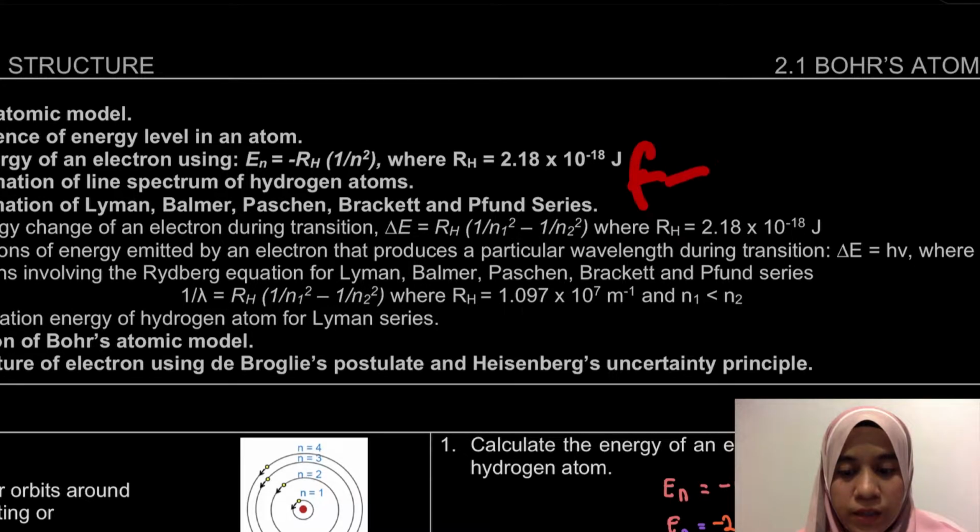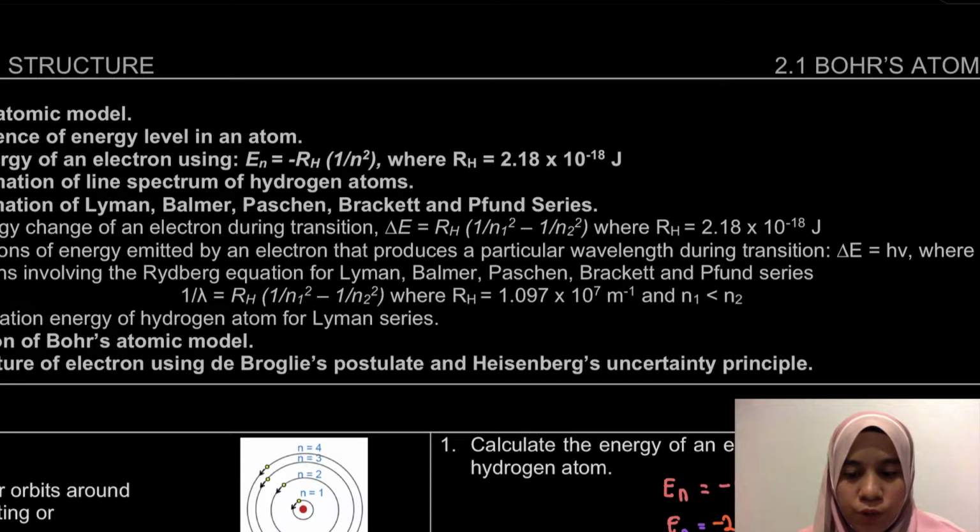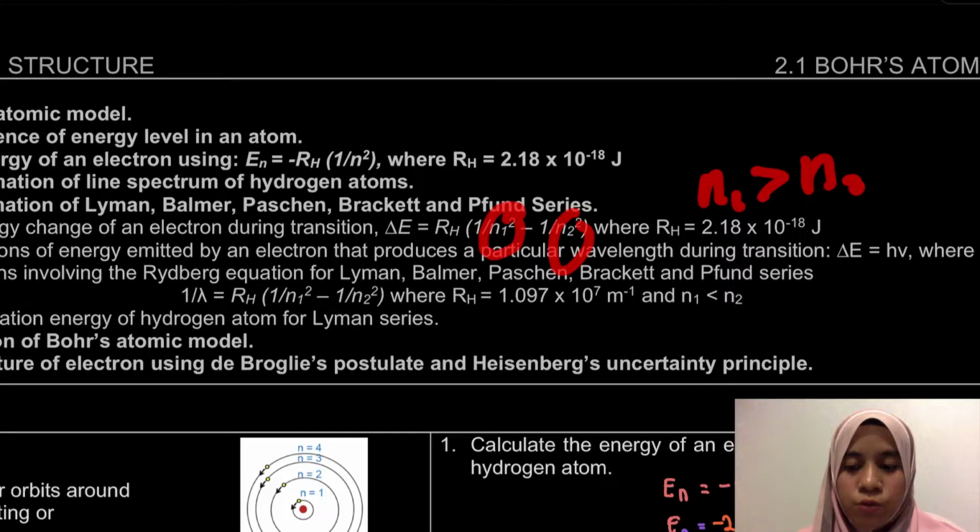Remember, final minus initial tu mesti yang when the electron drop. Initial minus final, this is actually when postulate 4, when the electron drops tu. Ataupun you can use N1 minus N2. Make sure N1 tu is bigger than N2.